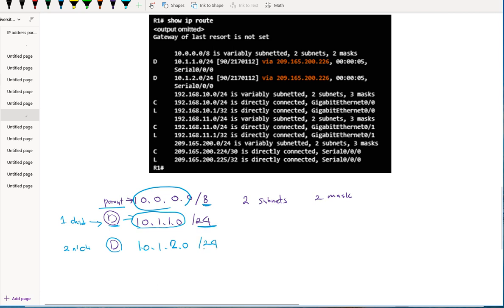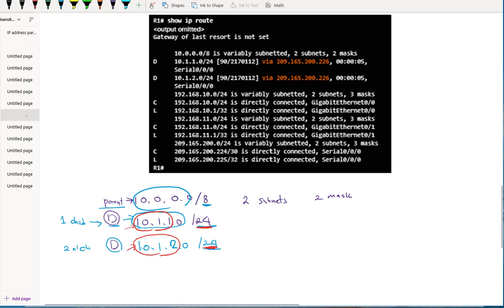And the /24, if you think about it, we learned that this is the network portion. Because of the /24, we know this is the network portion. So we have two different networks.